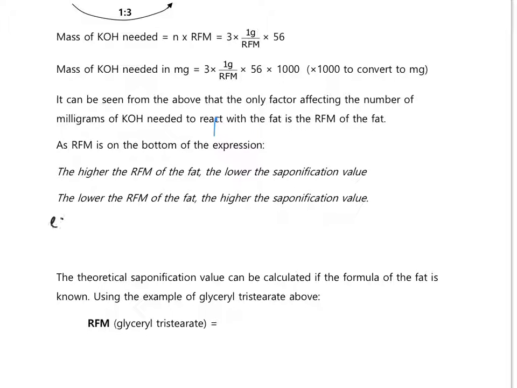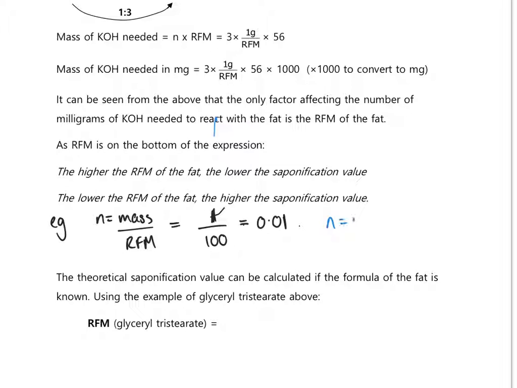So, for example, number of moles is mass over RFM. If we have 1 gram over RFM of 100, what would our number of moles be? No, that's not right. 0.01.